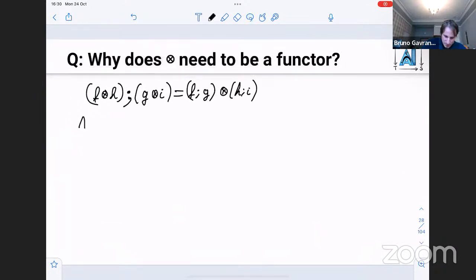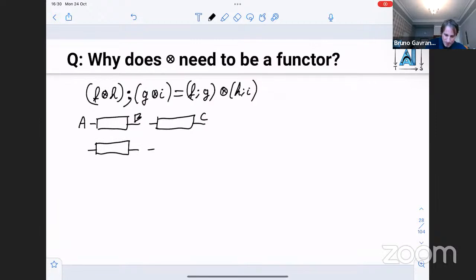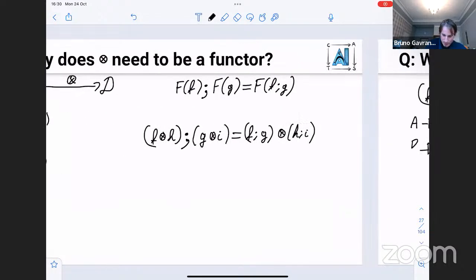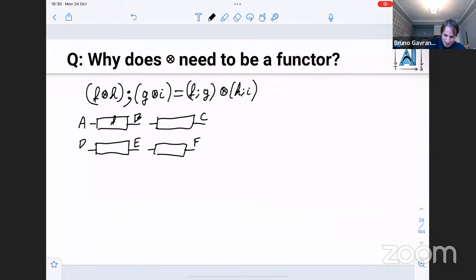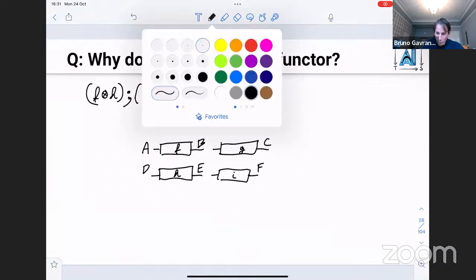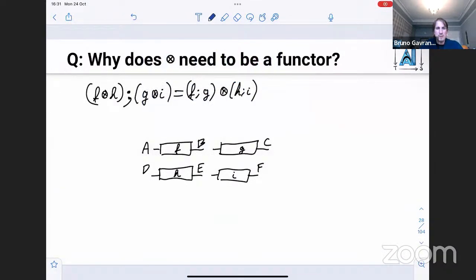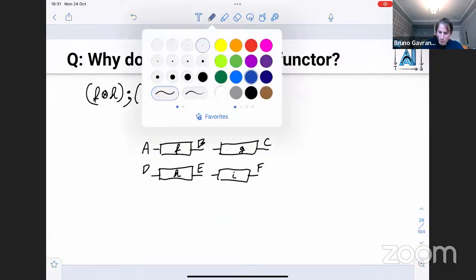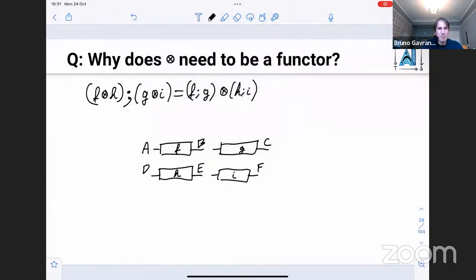So remember, we had morphisms from A to B, and then a morphism from B to C. And then we had another morphism from D to E, from E to F. So this was F, this was G, this was H, this was I. Now, what functoriality of this functor tells us is that it doesn't matter which way we evaluate this, which way we box this product.